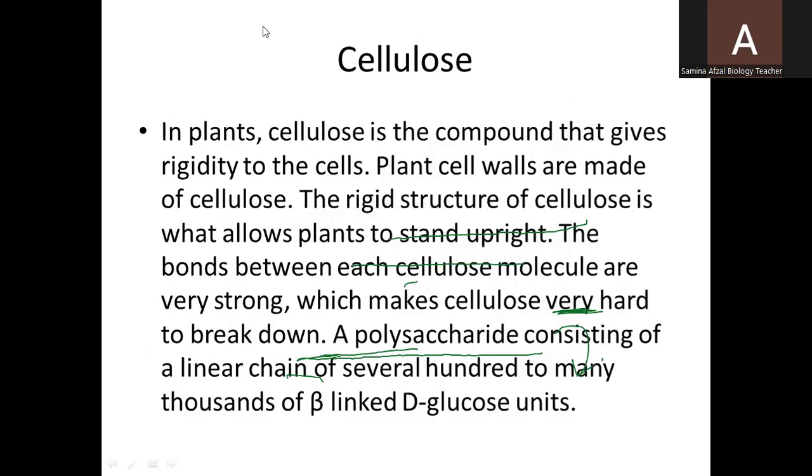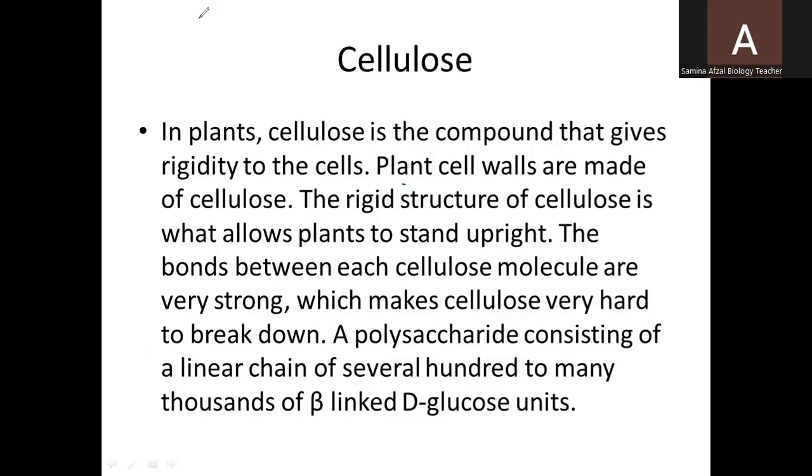storage forms are present. The next subtopic is cellulose, which is another type of polysaccharide which is only present in plants. In plants, cellulose gives rigidity to the cells because plants have to maintain their shape. So cellulose is present in the plant cell wall, which helps to maintain the shape and protects the plant cell.